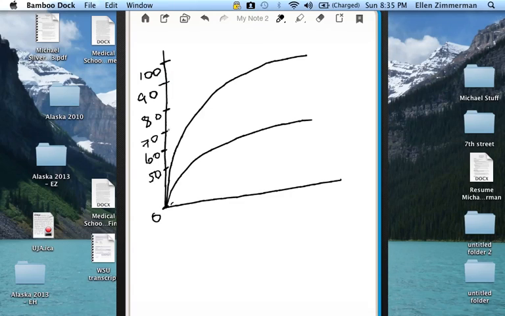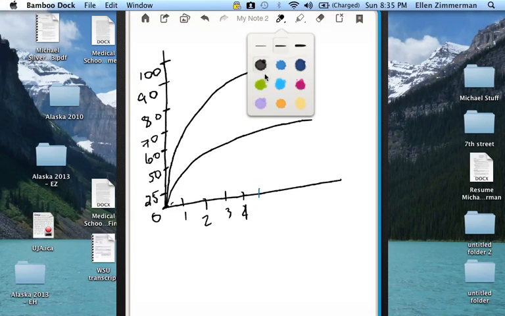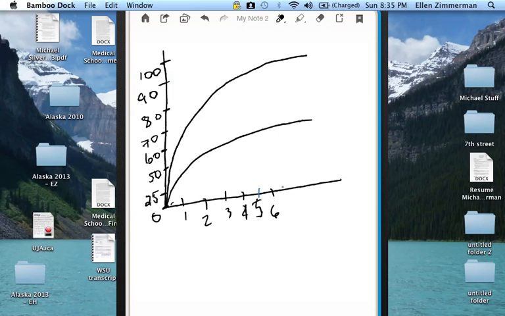Then this is, say, 25. Sorry, it's a little uneven. So let's do 1, 2, 3, 4, 5, 6, 7, 8, 9, 10.